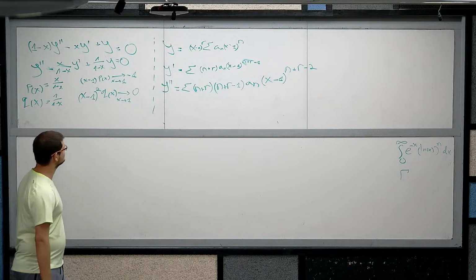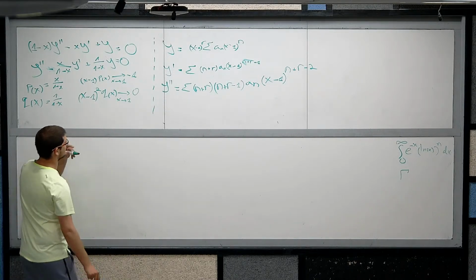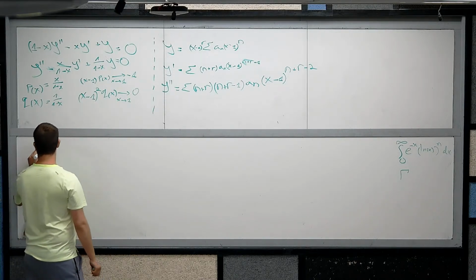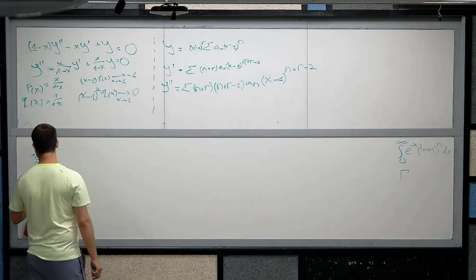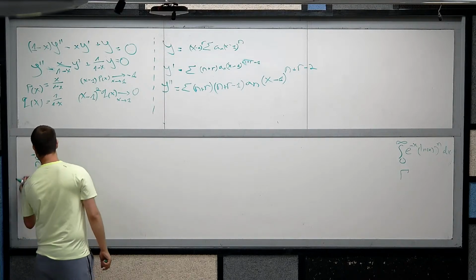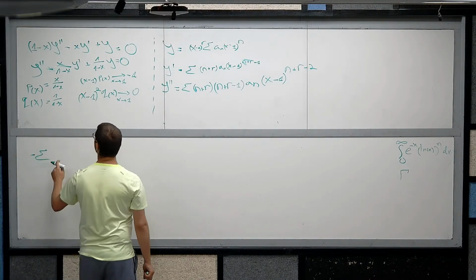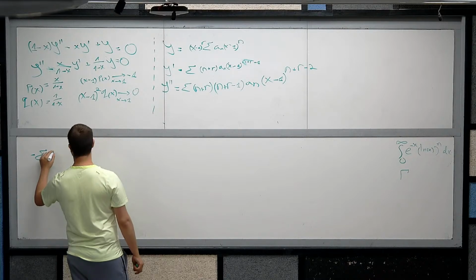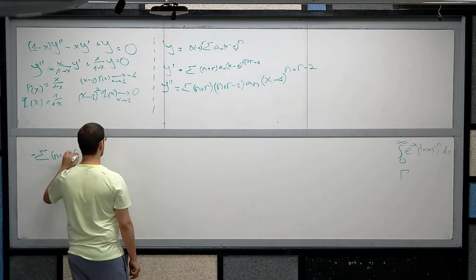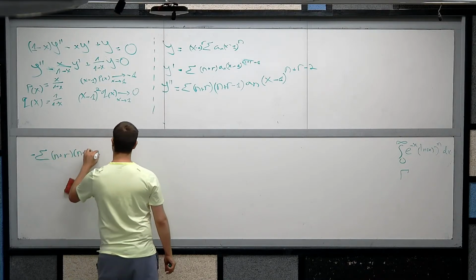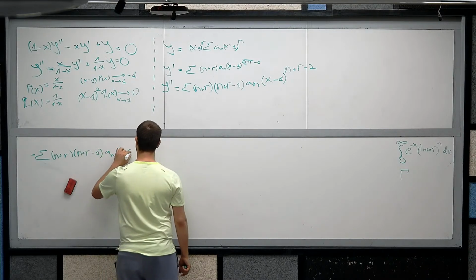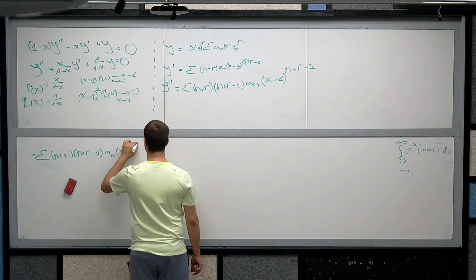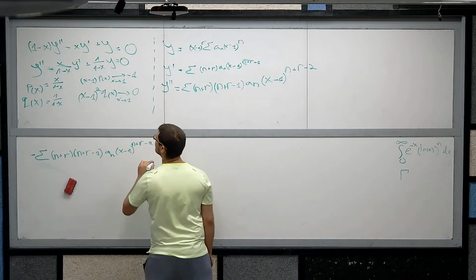So, okay, let's focus on our case. We have the sum over n equal to 0 of minus (n plus r)(n plus r minus 1) a_n (x minus 1) to the n plus r minus 1.